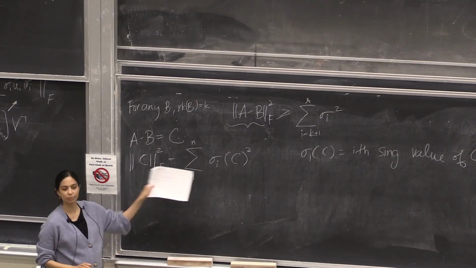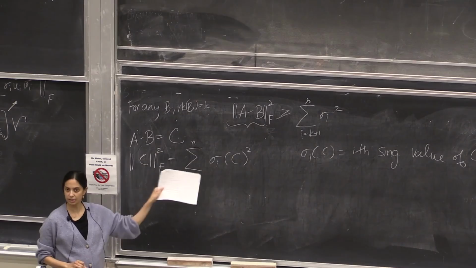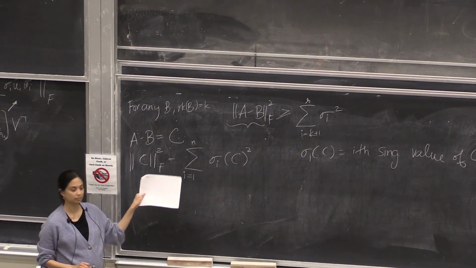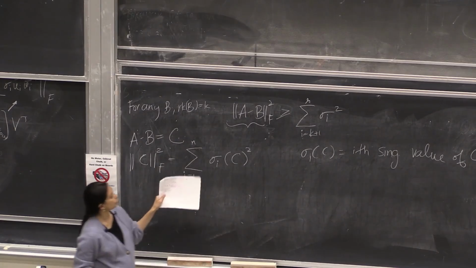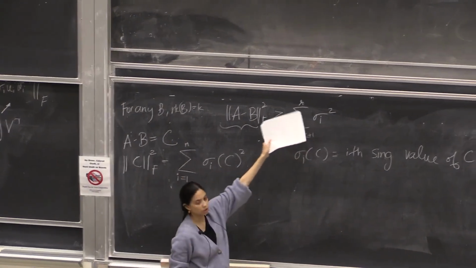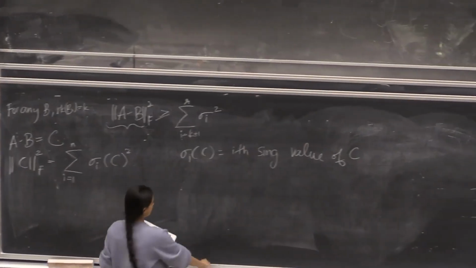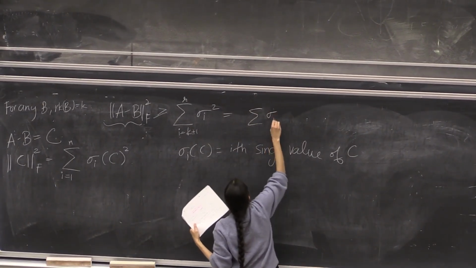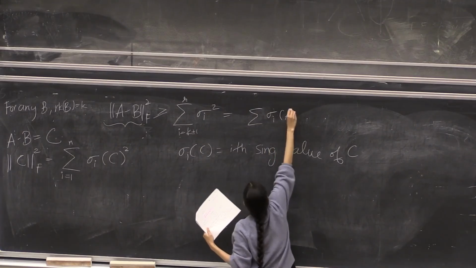Okay, everyone with me here? Everyone understand this step? Thumbs up, thumbs down? Okay, good. So I'm going to compare this thing to this thing. And what is this thing? These are the sums of the squared singular values of the matrix A, right?